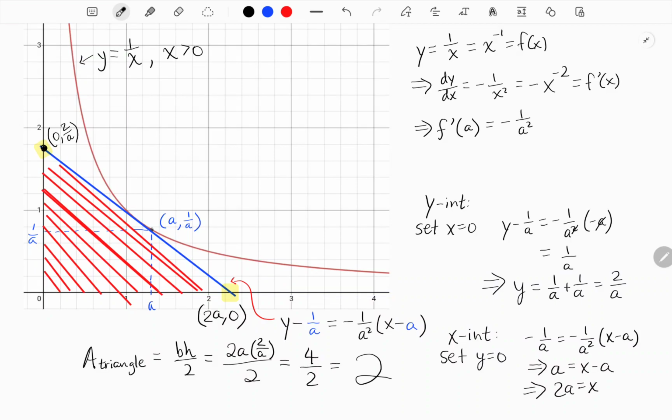So I thought this problem was very interesting indeed. So yeah, this was pretty cool.